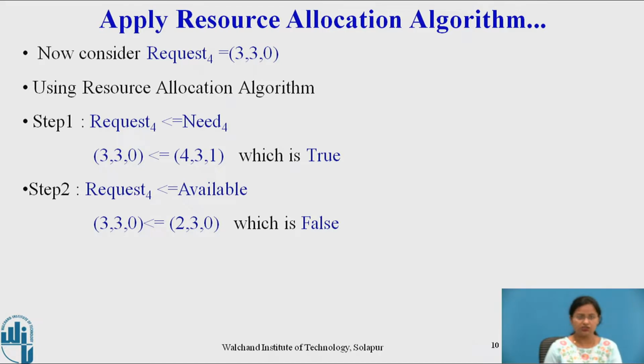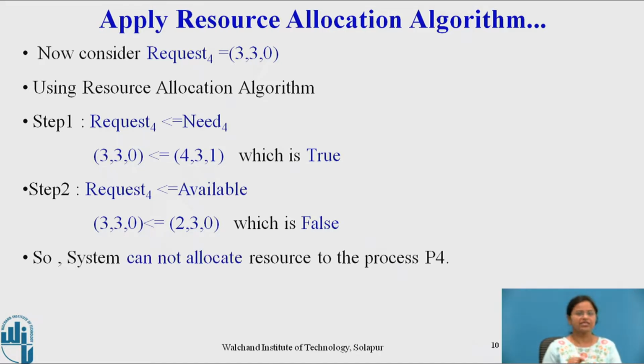As this condition is false, we can say that we cannot allocate these resources to process P4 because it doesn't satisfy the second condition, that request 4 is less than or equal to available. So the process has to wait in this case. Okay, so before allocating the resources to the process, it must check whether it is possible to allocate the resource or not.